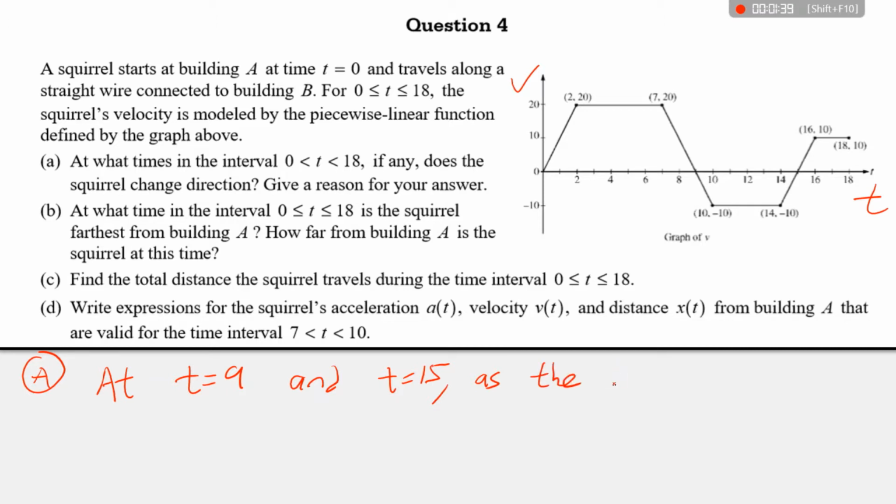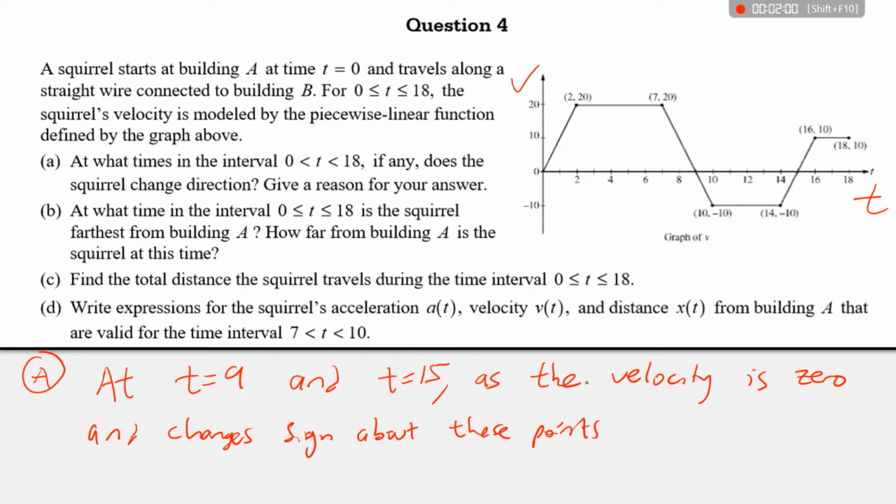So as the velocity is 0 and changes sign, it changes direction about these points. Okay, that was good.